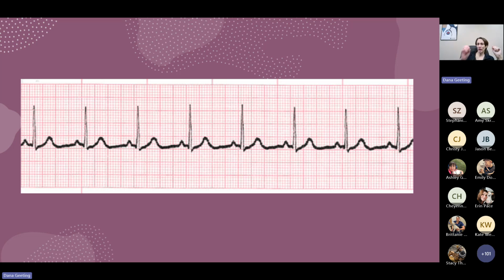But R on T, you're just going to have that one random VPC that's firing on the T wave. Whereas V fib, it looks like a constant wet noodle. R on T is basically one single beat that throws it into a deadly heart rhythm.